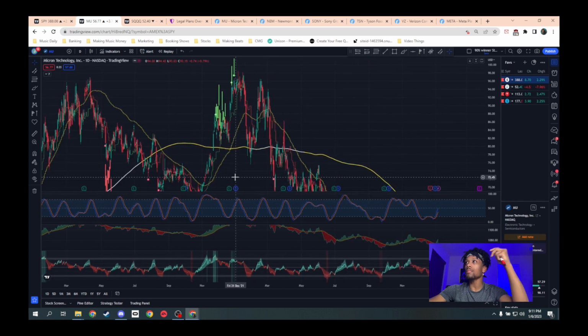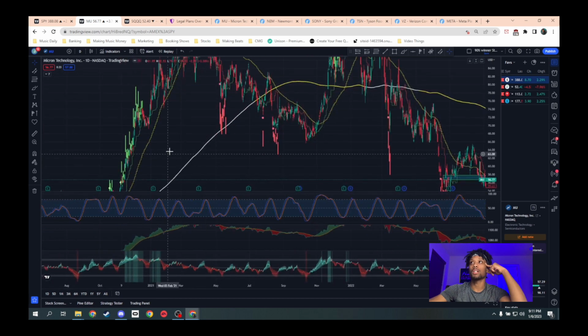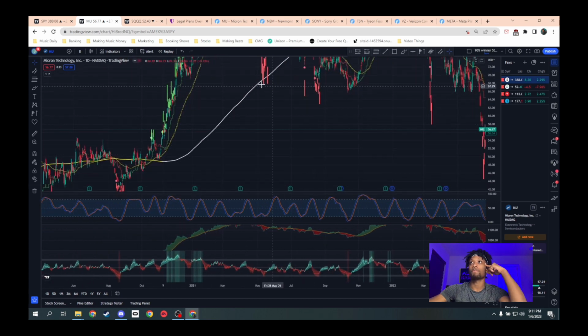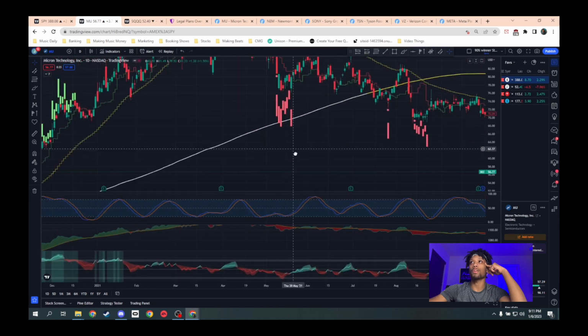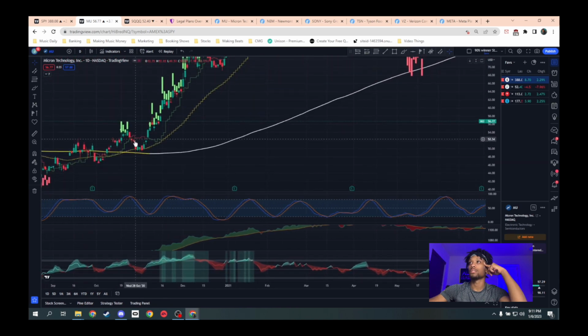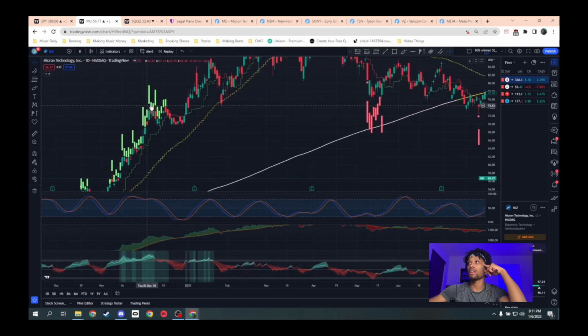So a lot of the times when you see greed on an uptrend like that, if it's just a trailing uptrend, then you want to wait for your first pullback. Like boom, you come here, get a pullback, cross back above that line, and then bam, you're good to go.